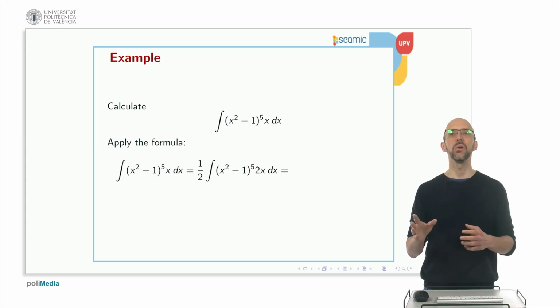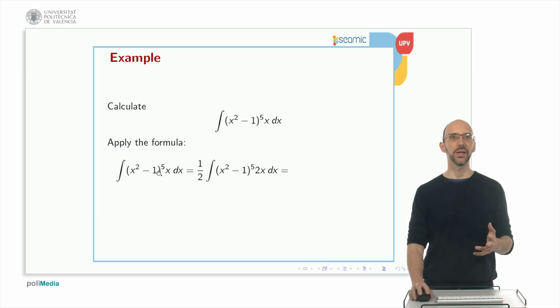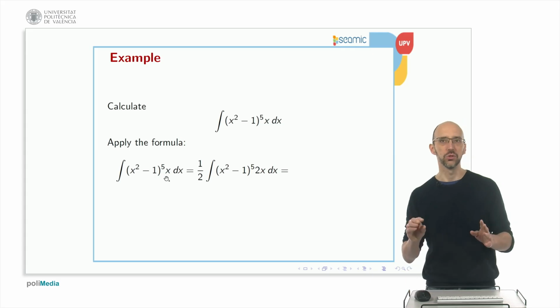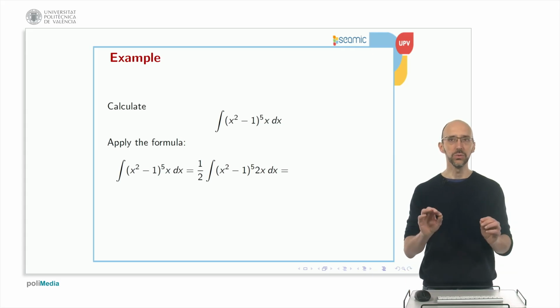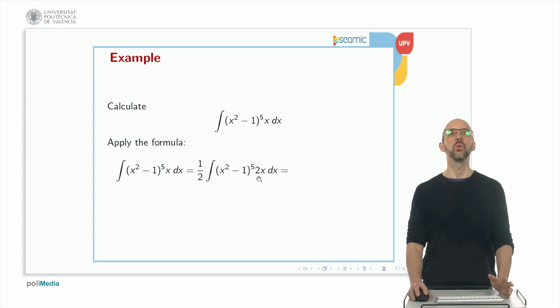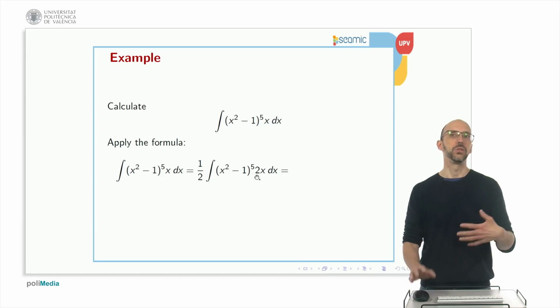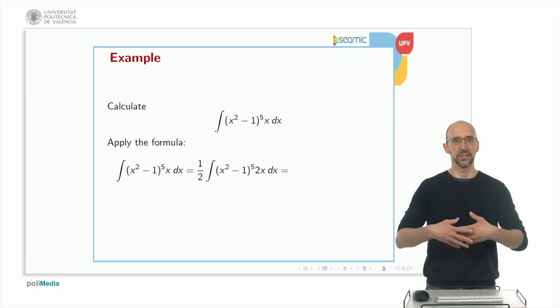But that is no problem. A missing constant can be solved. Again, I have a function powered to a number, and outside I have almost the derivative. I need a 2 to have the full derivative. So what I'm going to do? I'm going to add the 2 that I miss in the derivative. Yeah, but you cannot add a 2 as you want.